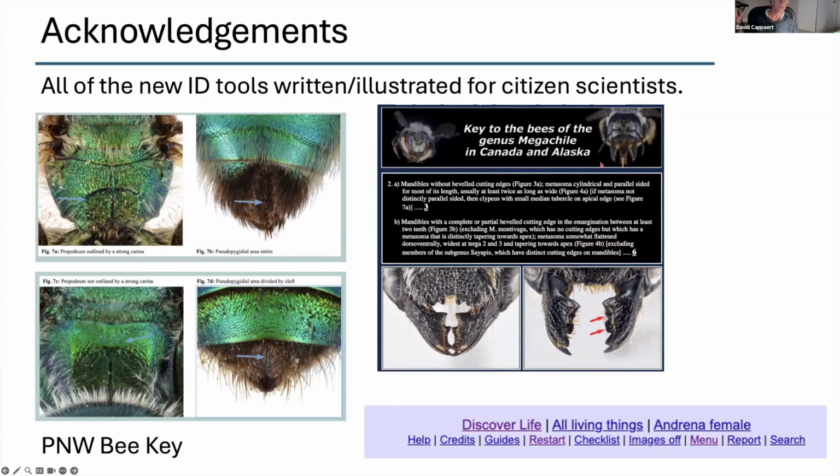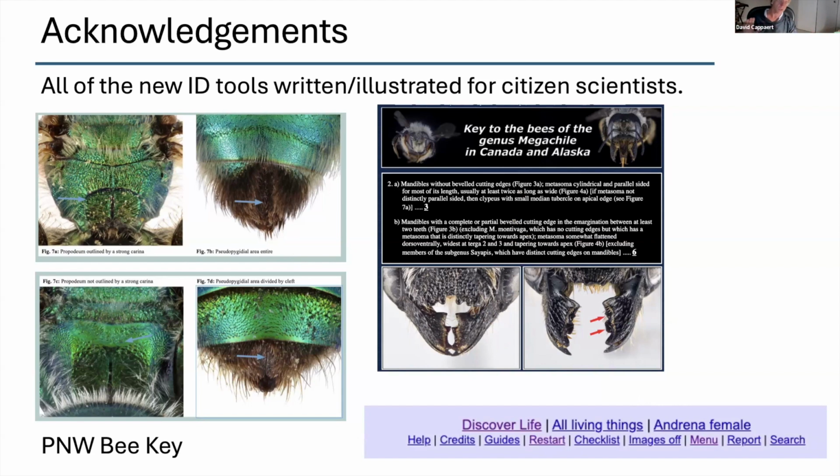I also like the key to the Megachile, where it's the same sort of thing. This one's dichotomous, and the little arrows tell you where to look on the mandible to compare this set of teeth to this set of teeth. And then I'm always also very grateful to Discover Life, which, if you're not familiar with it, is not dichotomous.